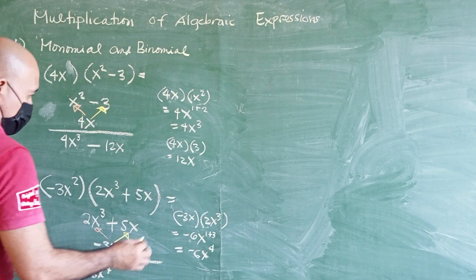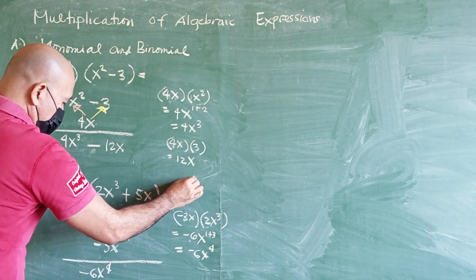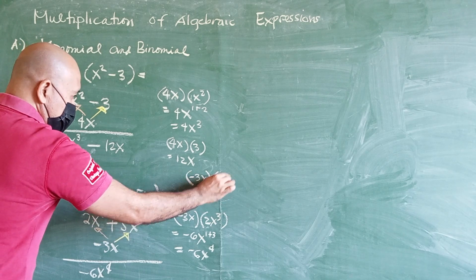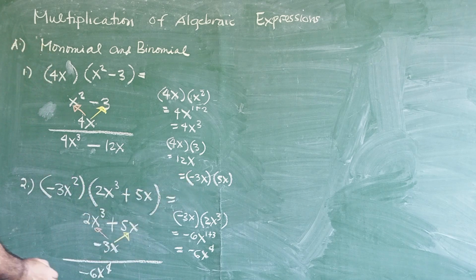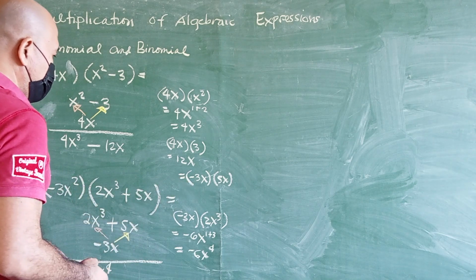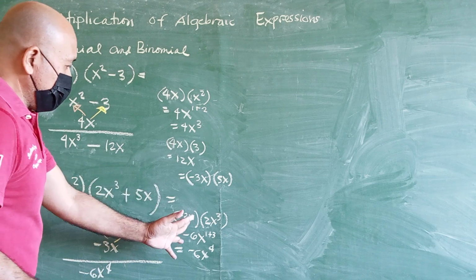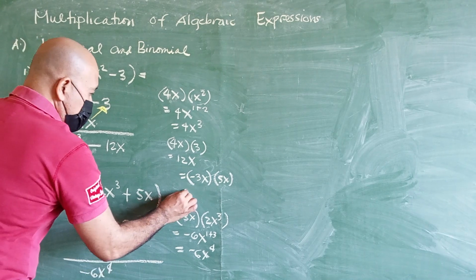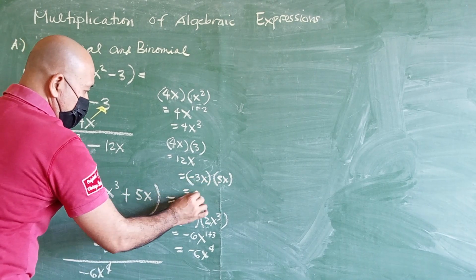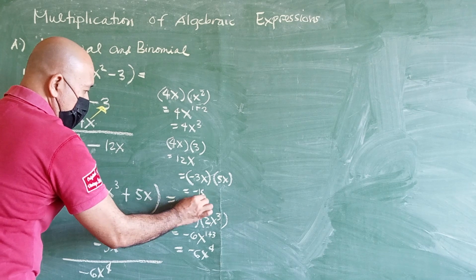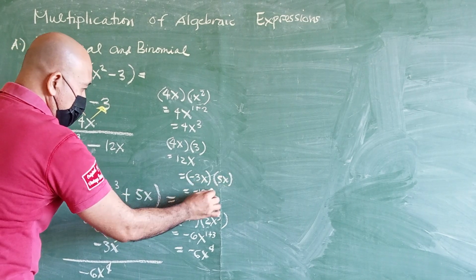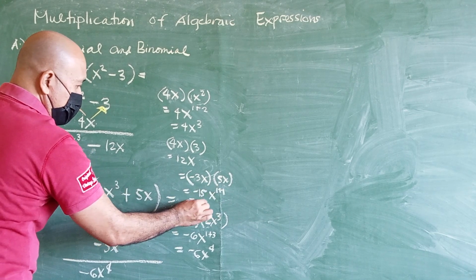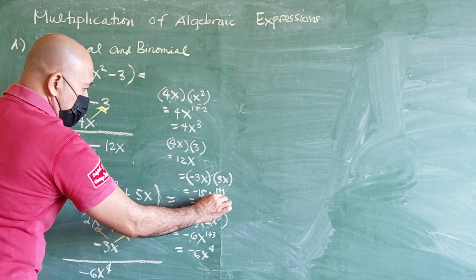If you are a master already, there's no need for you to show your solution, but you can do this one mentally. Negative 3 times 5 is directly negative 15, and x times x, copy the common x, and then 1 plus 1 for the exponent, so the result is negative 15x raised to the power of 2.